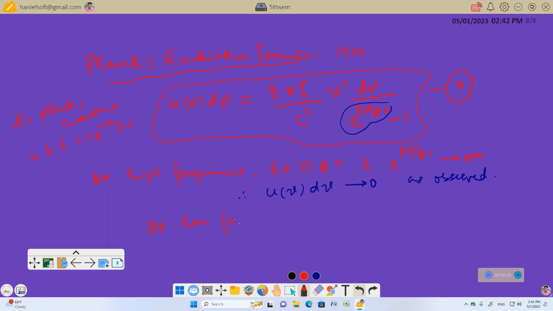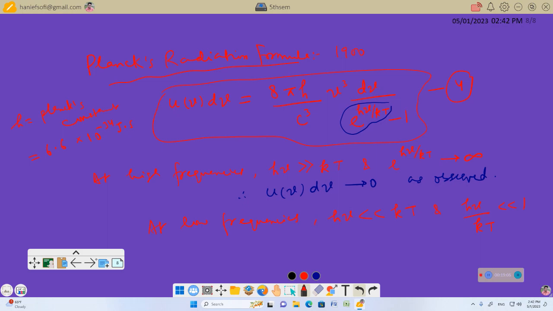At low frequencies, h nu is much less than kT, and h nu by kT is much less than 1. When h nu is much less than kT, h nu by kT, the denominator being larger than the numerator, is much less than 1. So this exponential can be approximated.